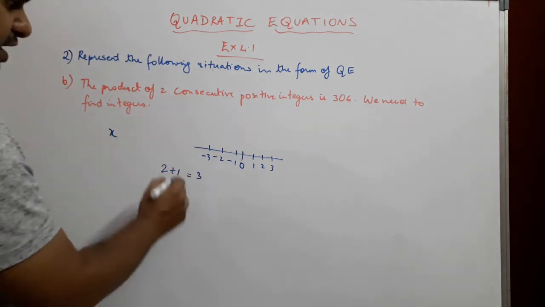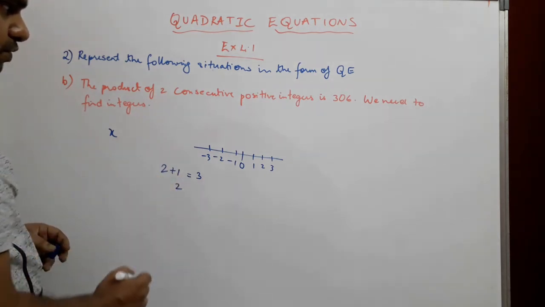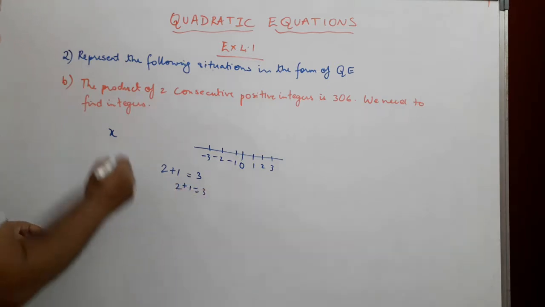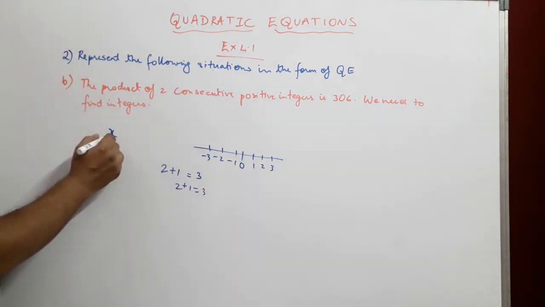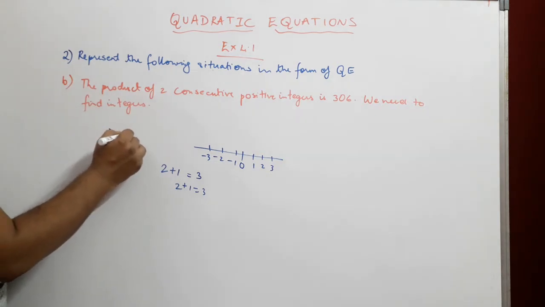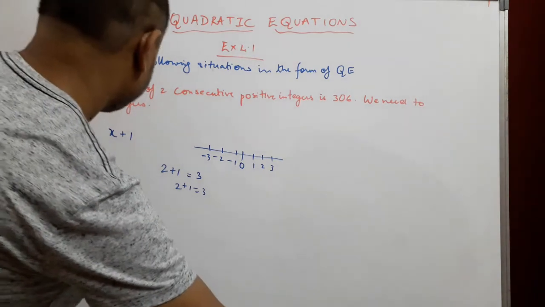So if we take our original number as 2, the next number has got to be 2 plus 1 equal to 3. Similarly, if we assume a number as x, the consecutive number has got to be x plus 1. That's what we'll assume over here.